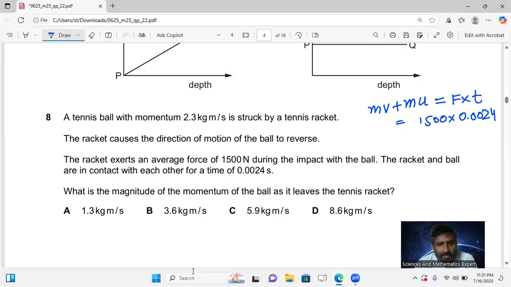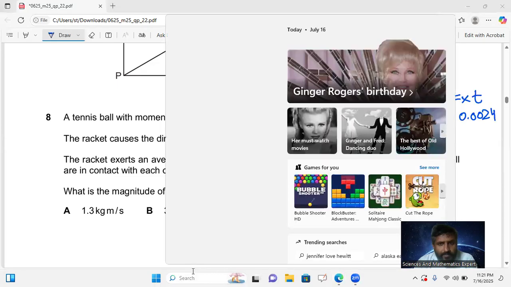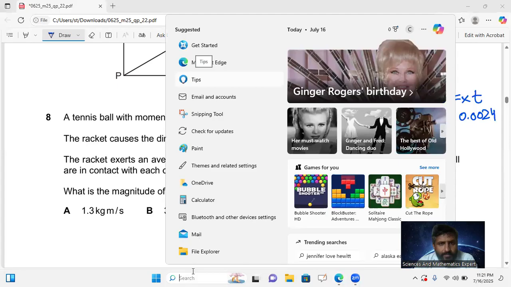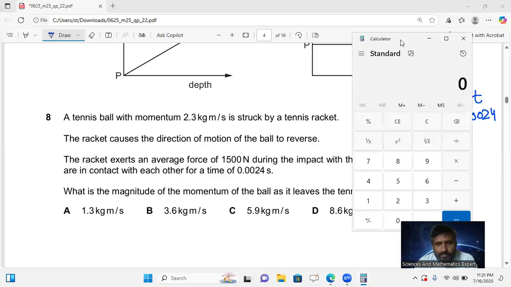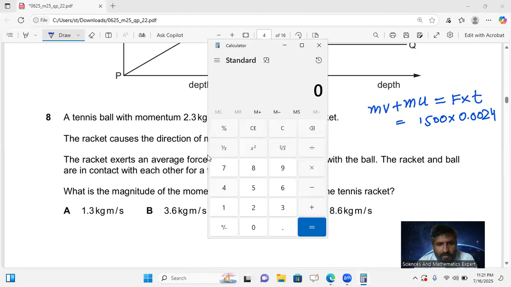Let's take the calculator. 1500 multiplied by 0.024 is equal to 3.6.